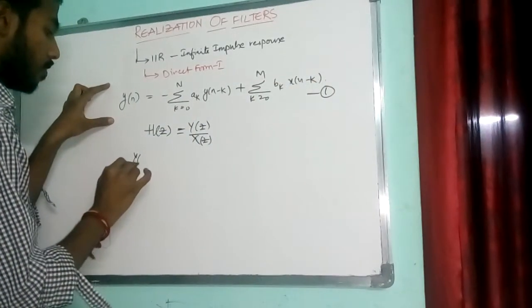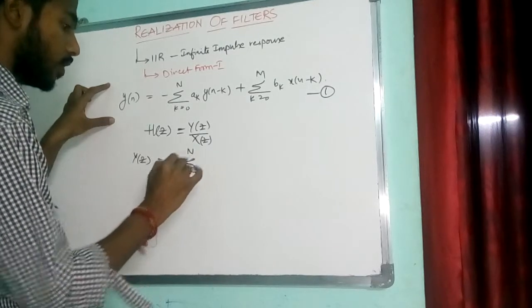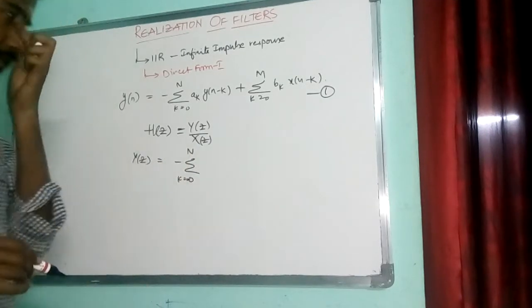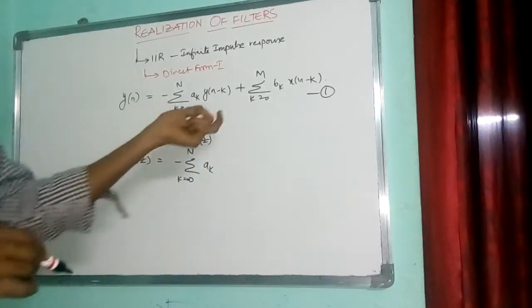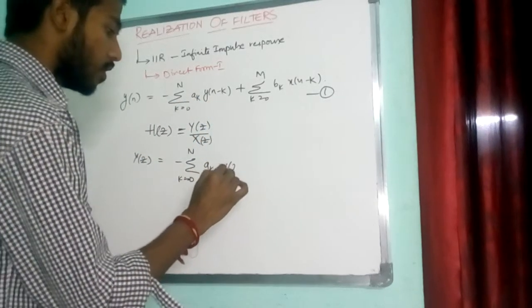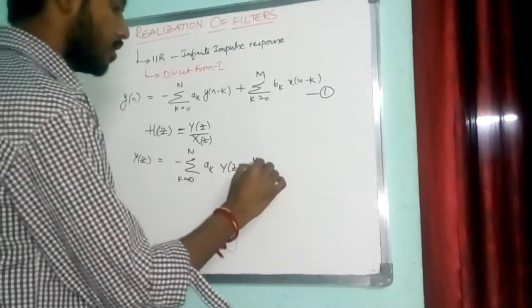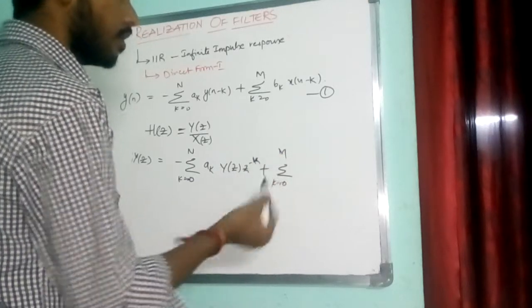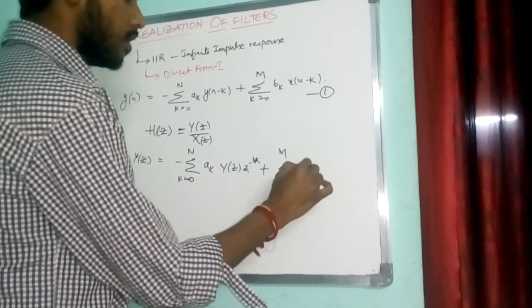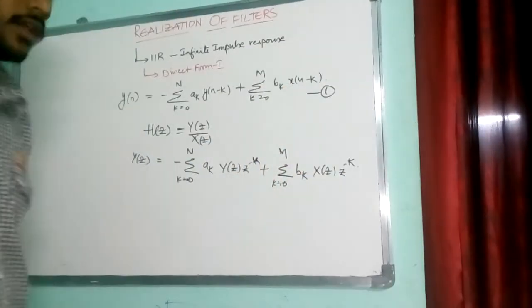We have Y of z equal to minus summation k equal to 0 to n, ak into y of n minus k. If we apply Z transform, this becomes Y of z into z power minus k. And for k equal to 0 to m, this becomes bk X of z into z power minus k.